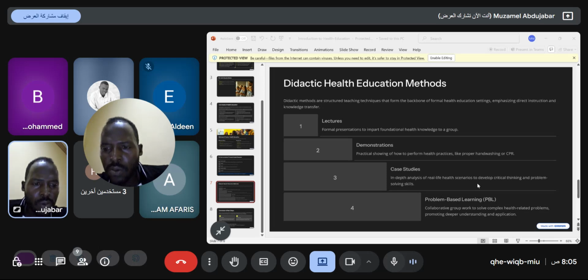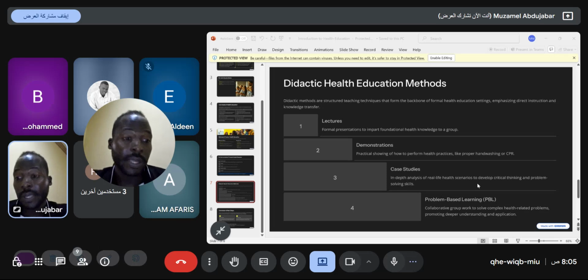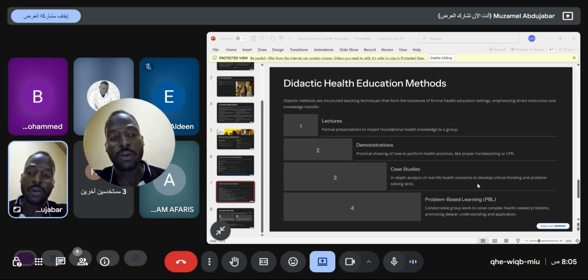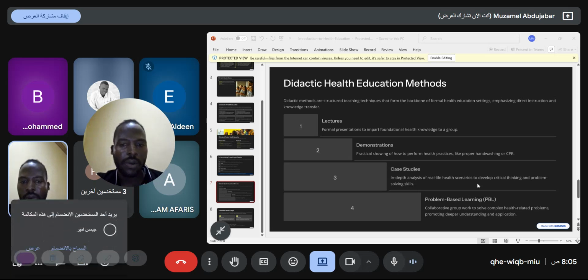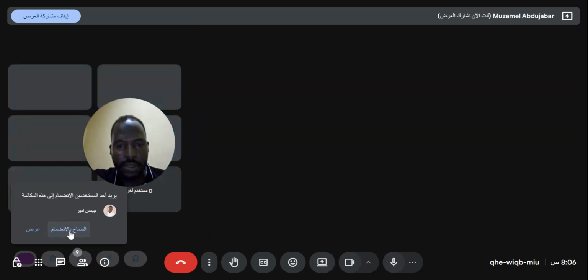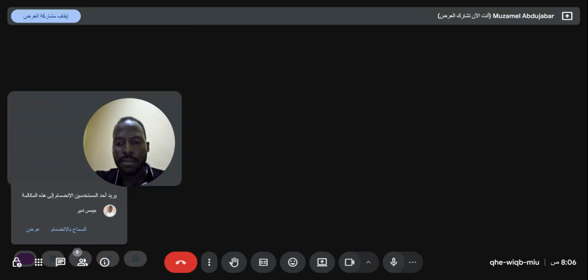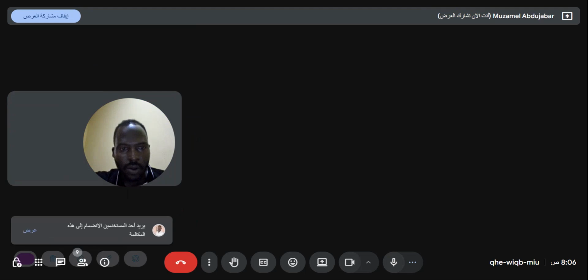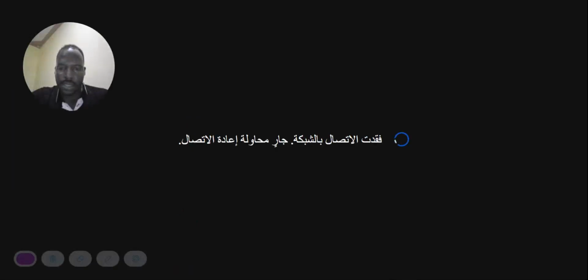Collaborative group work solves complex problems. If there is a health problem, it is very important to sit together and think about how to solve it. These are the health education methods: lecture, demonstration, case studies, and problem-based learning.